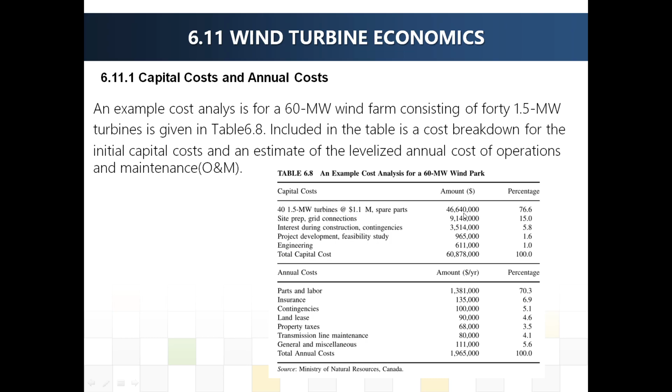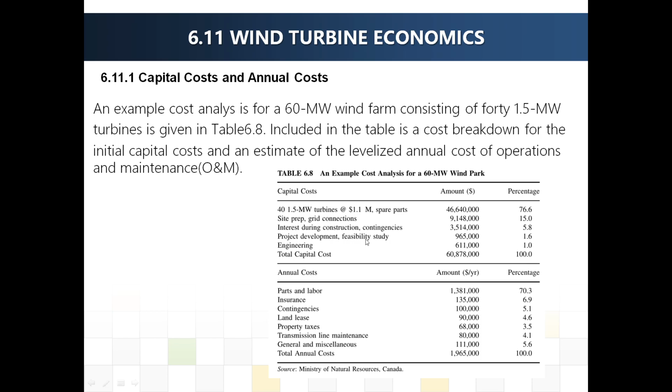That is, as a percentage of total cost, the capital cost of the turbines is 76.6%. The site preparation and the grid connection will cost 9.1 million, and the interest during construction and the contingency is about 3.5 million.